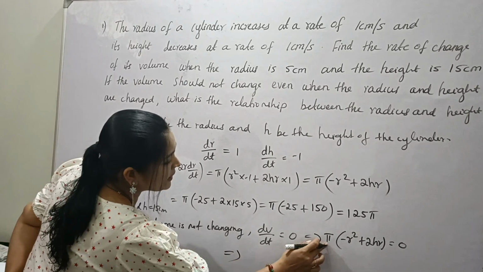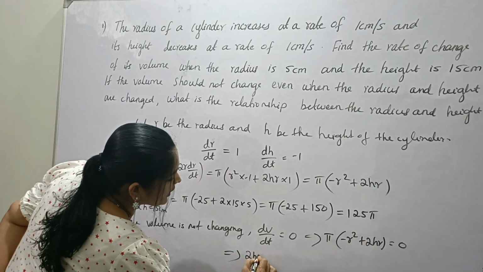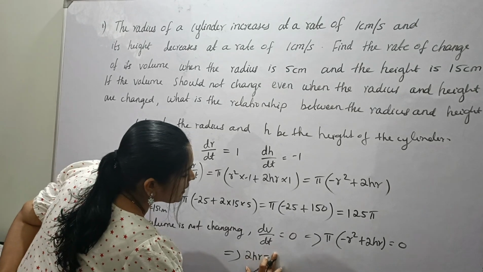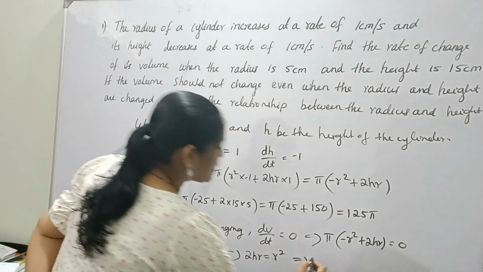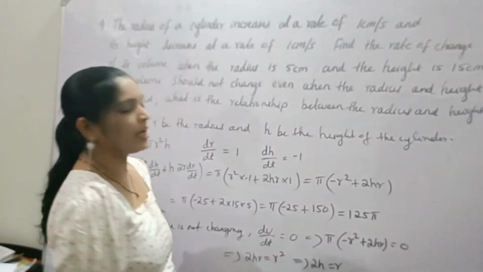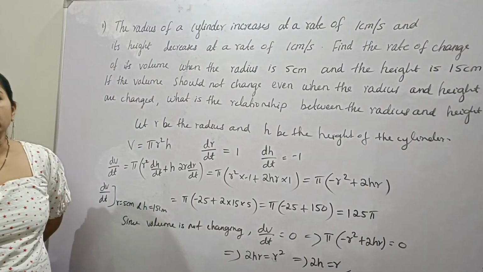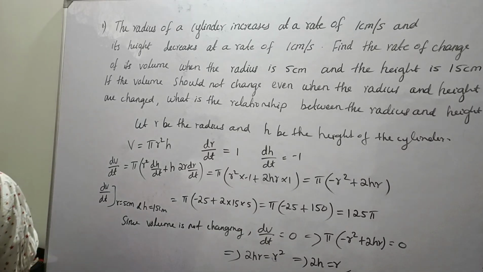Taking pi to the right side, it will be 0. So we will get 2hr is equal to r square. That implies r cancelled, so 2h is equal to r. So it is the relationship between height and the radius when the volume is not changing.